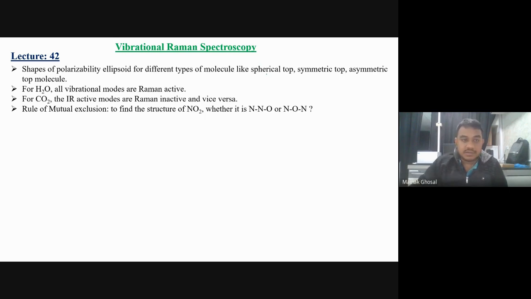For water, which is a completely asymmetric top molecule, as I discussed in the rotational spectroscopy content, the moments of inertia are different along different axes, so the shape of the polarizability ellipsoid will be different for different axes.